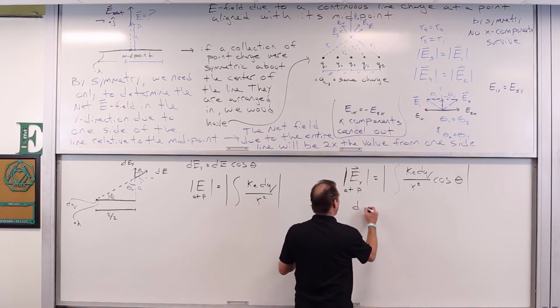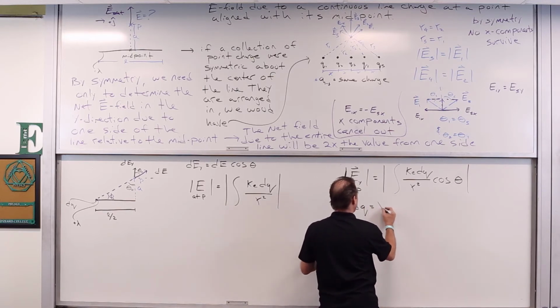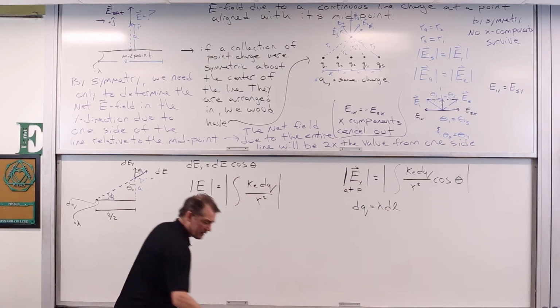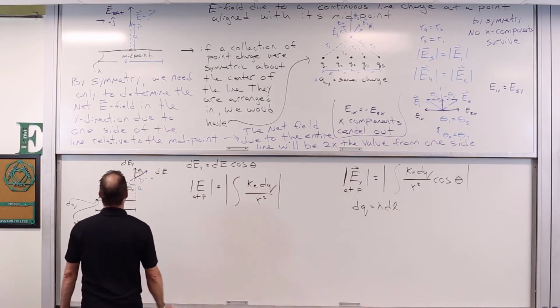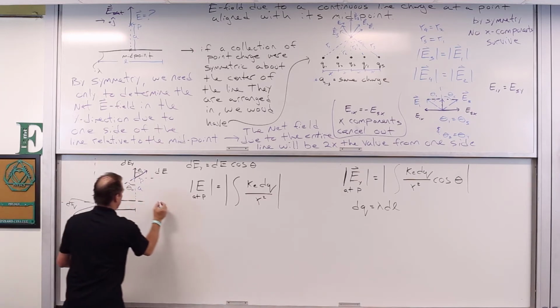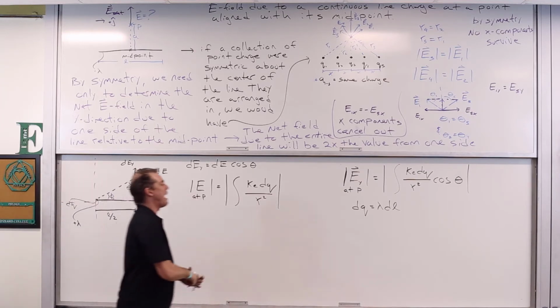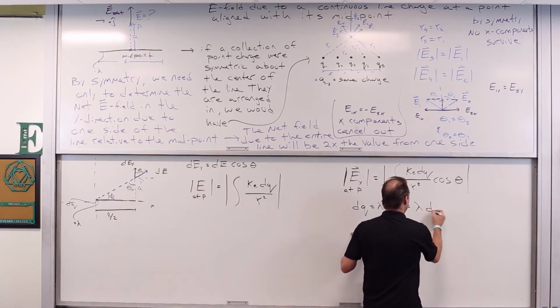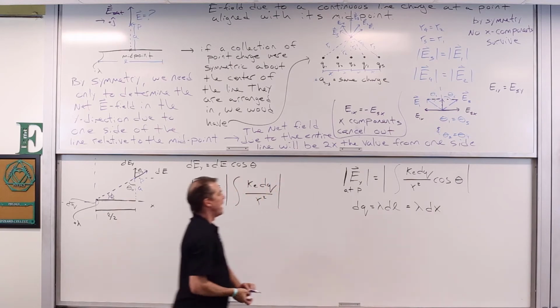So what do we have here? Well, again, dq can be written as lambda dl. That's fine. If we go ahead and say, you know what, let's just put this on an x-axis and say that's along the x direction, we have that dl goes to dx, so this is equivalent to lambda dx here. That's good.